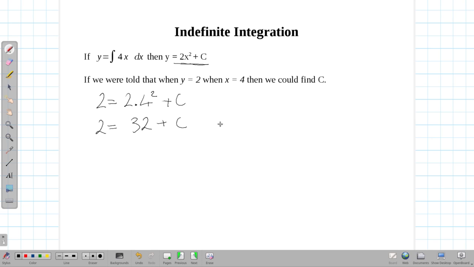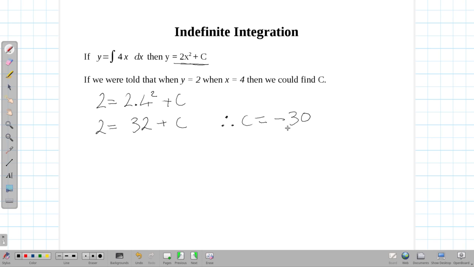So if I take this 32 through to the other side, that will tell me that, therefore, this is the shorthand symbol for therefore, if you don't know, therefore c equals minus 30.